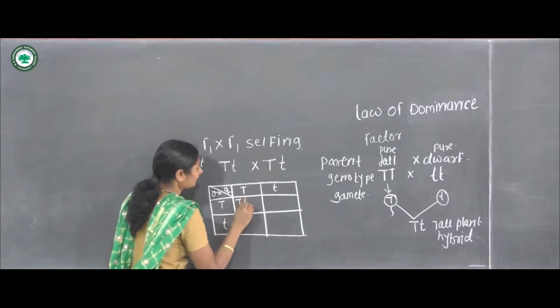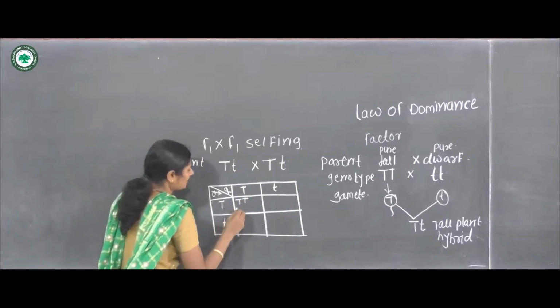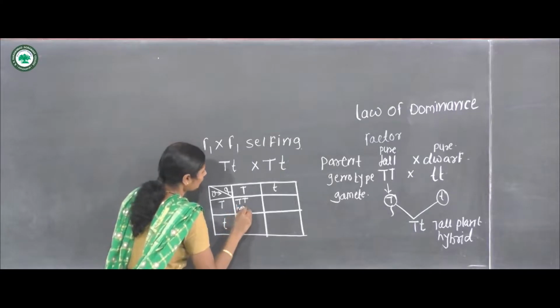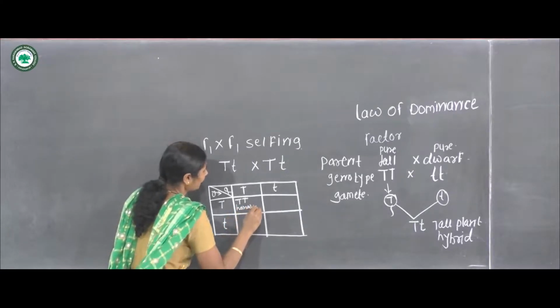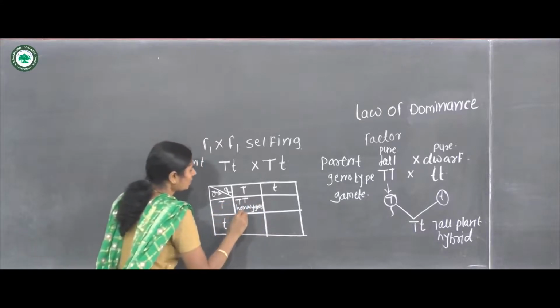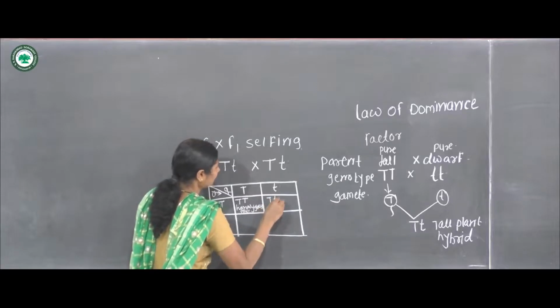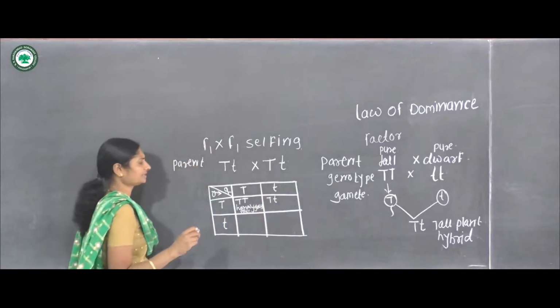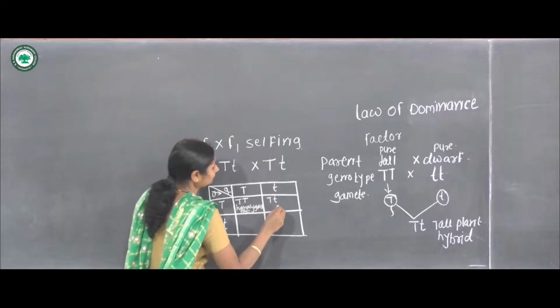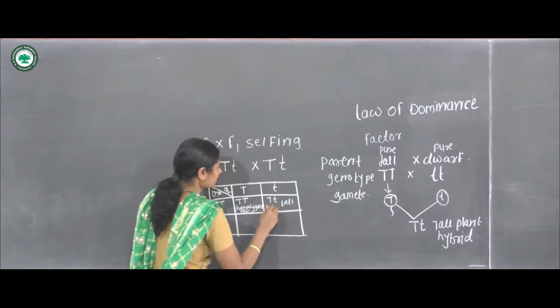Capital T, capital T gives a plant that is homozygous tall. Capital T, small t gives a plant that is tall but heterozygous.